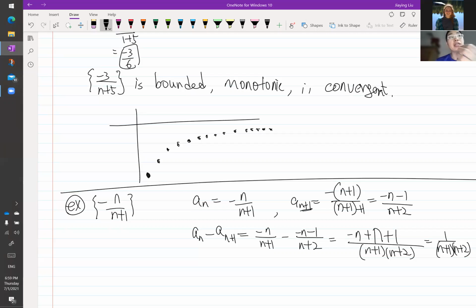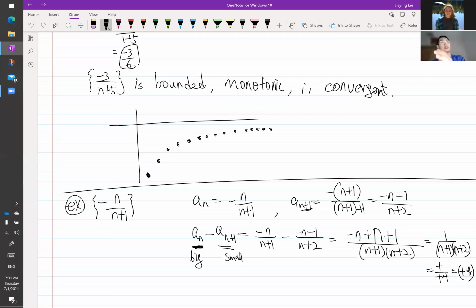And then remember that n is greater than or equal to 1. So n is always positive. So I get a positive number in the numerator, positive in the denominator. So overall, it's a positive number at the end. If the difference is positive, that means in this subtraction a_n is bigger and a_{n+1} is smaller.